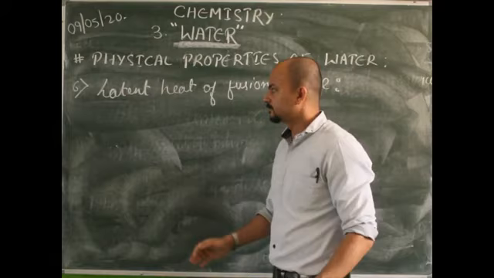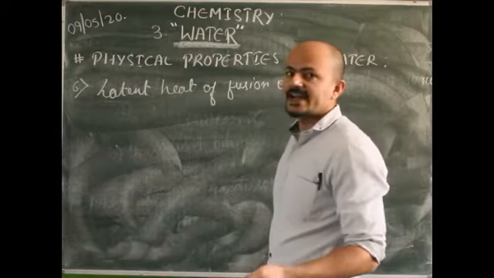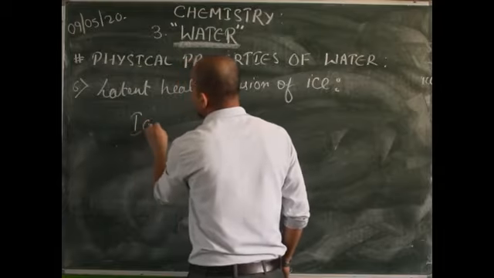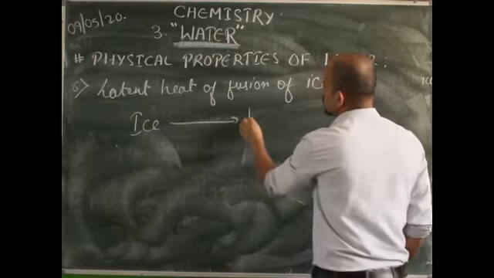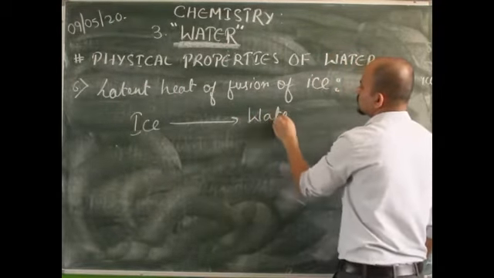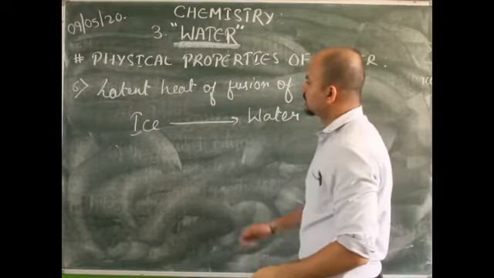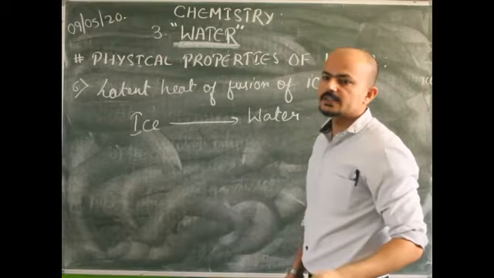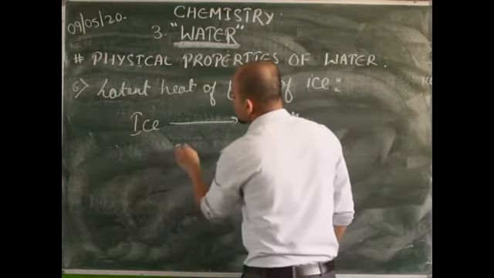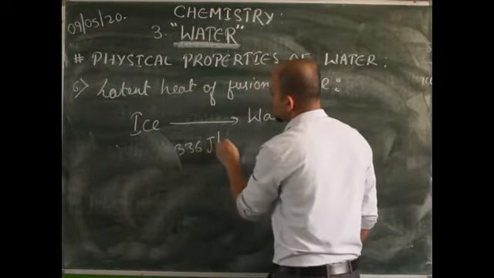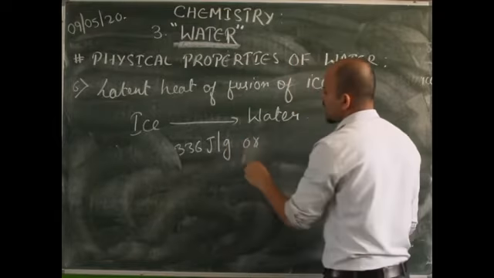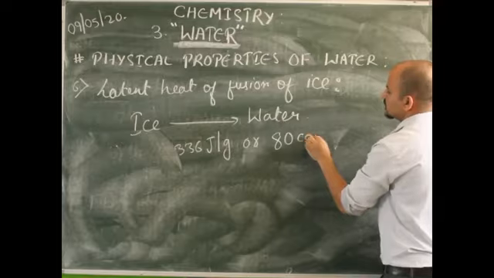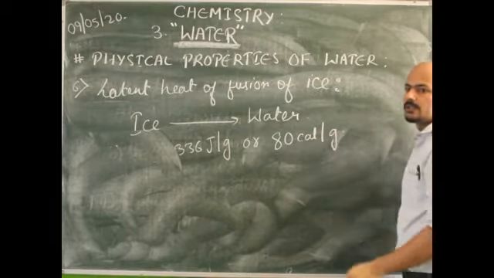See here, the conversion is from ice to water, and the heat energy required here is 336 joule per gram, or in another unit, 80 calorie per gram.